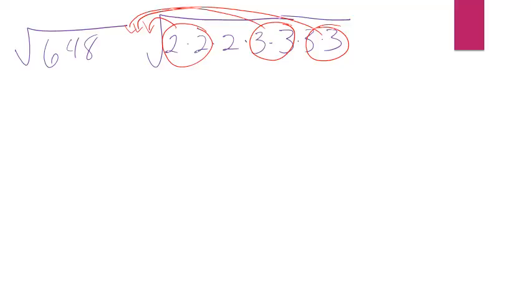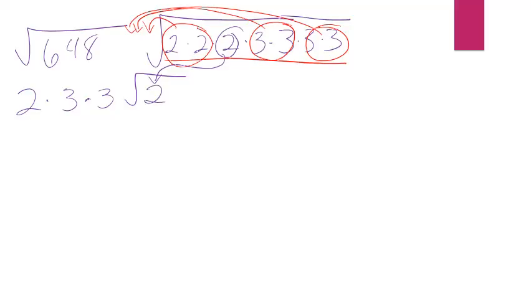All of this is multiplication. So what we have left is 2 times a 3 times a 3, and we have the 2 left in the inside times the square root of 2.